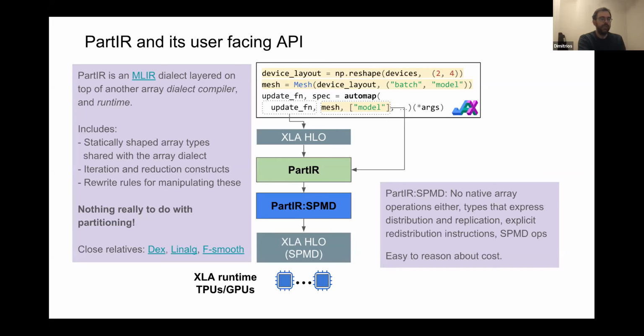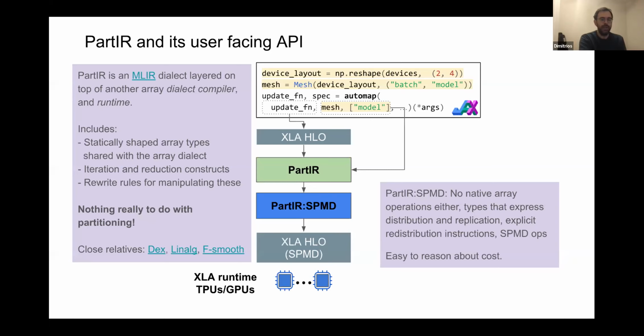It includes iteration and reduction constructs, loops of some form. I'm going to get back to that in a second. And it also includes some rewrite rules for manipulating these loops, basically. So it really has nothing to do with partitioning at that point of abstraction. It's really the tensor operations of the underlying language, and some extra iteration-like constructs native to PartIR.